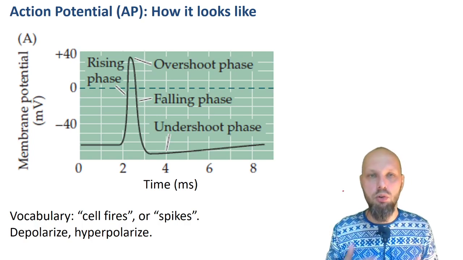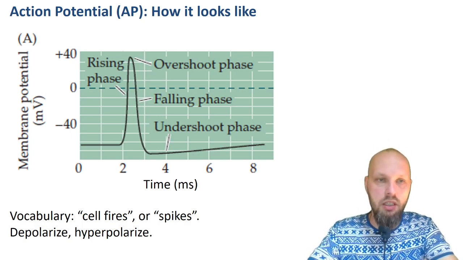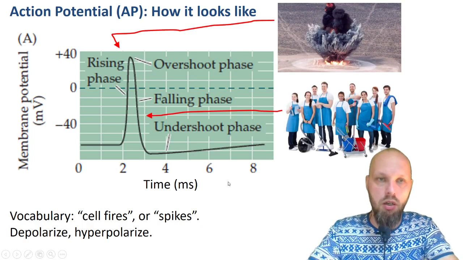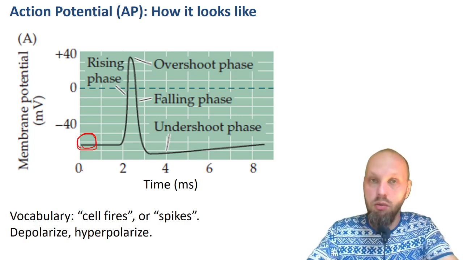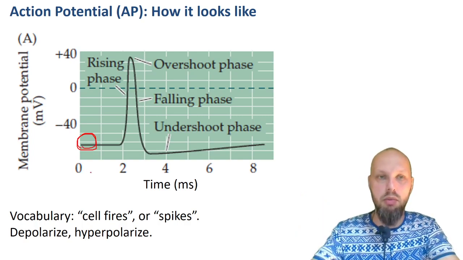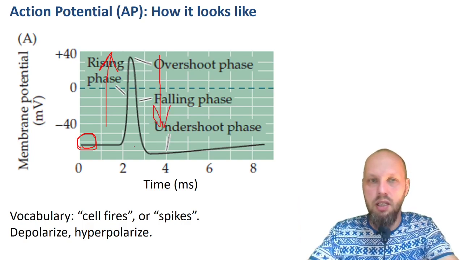And it sits at this negative value. Okay, so at first it sits at this negative value, which is the resting, but then it goes up and then it goes down, and it happens real fast.